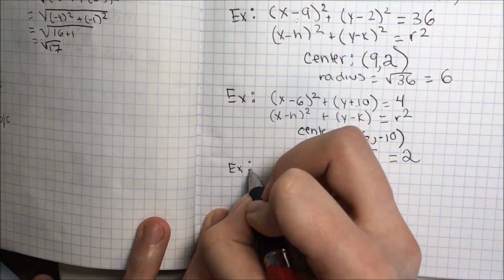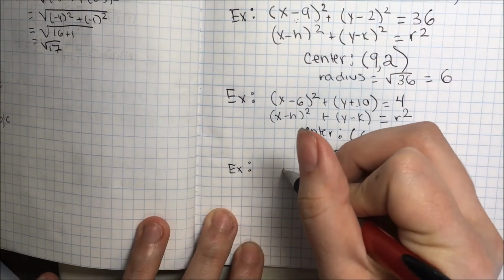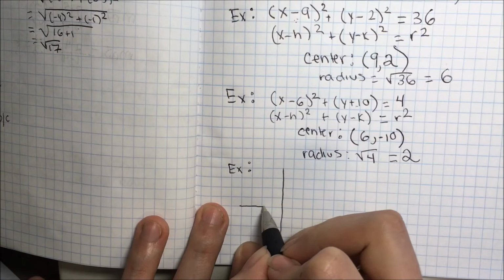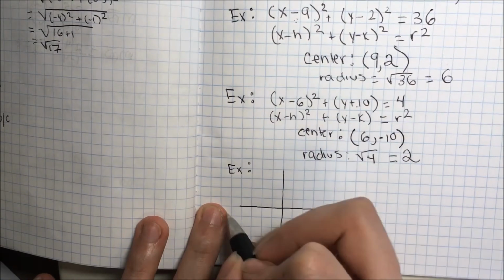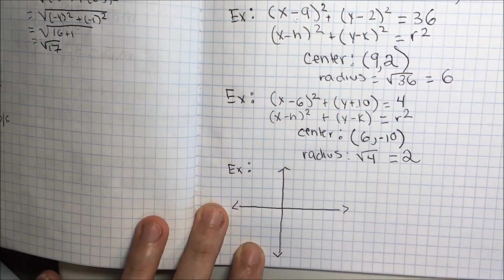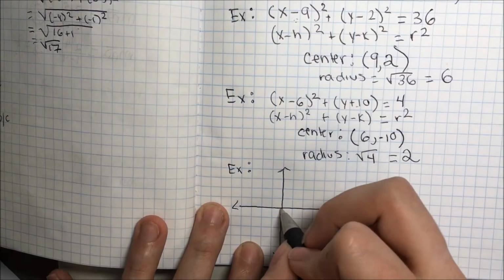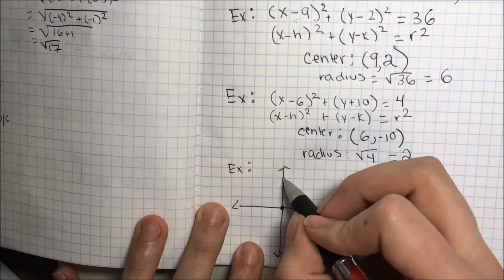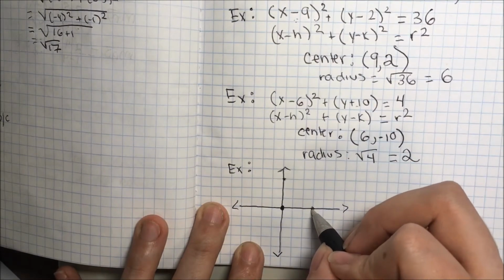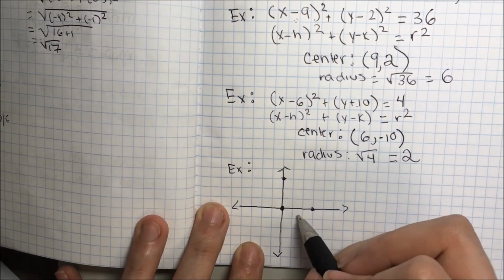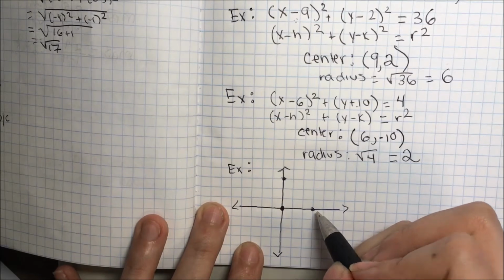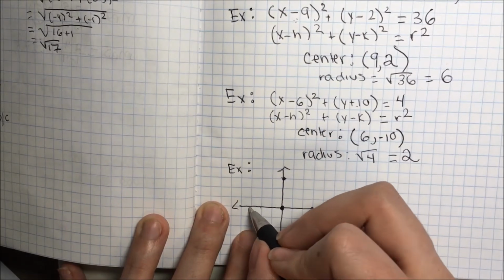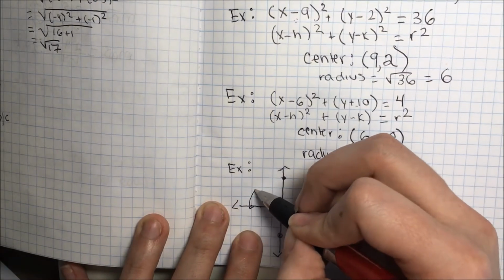So for our last example, we're going to try to find the equation of a circle from a picture of a circle. So we have our center at (0, 0), and we're going up 3, to the right 3, down 3, to the left 3. And we can draw our circle.